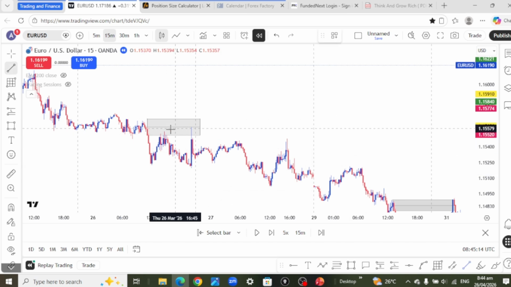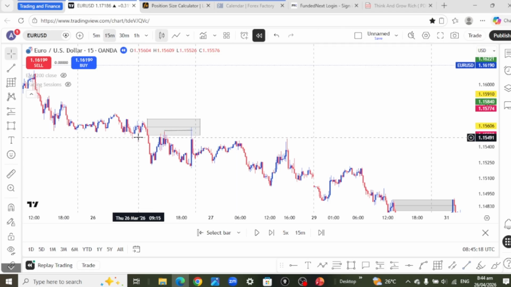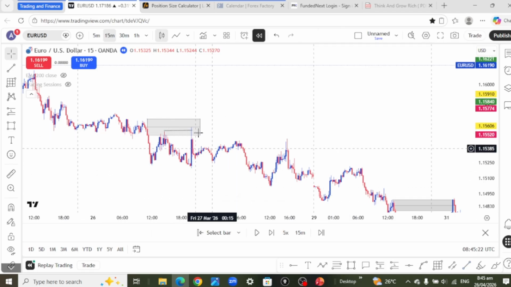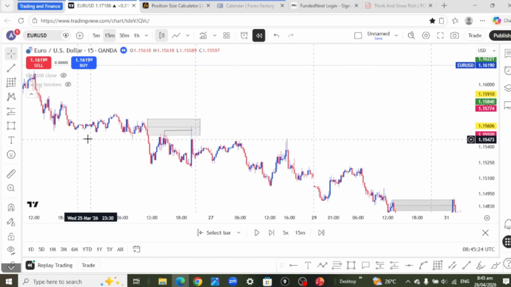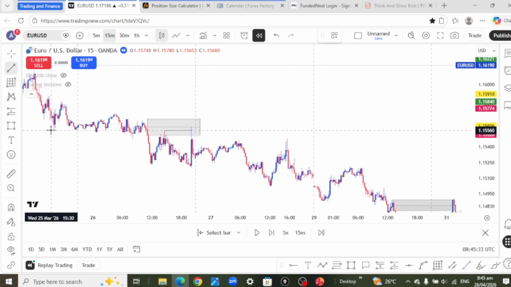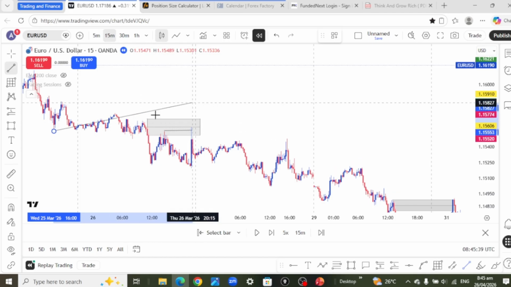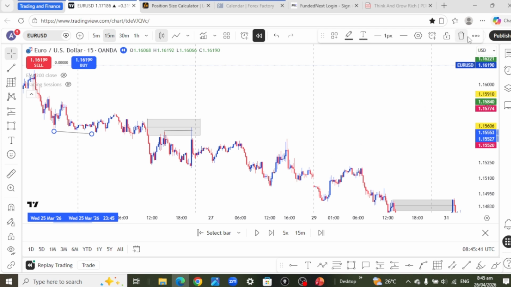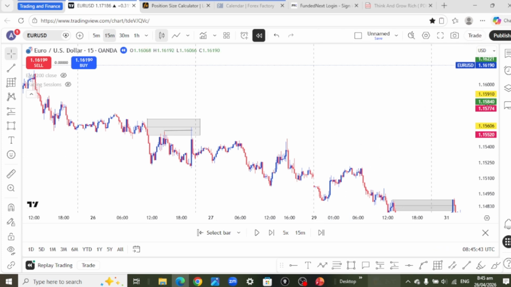From this point, you can see this was our liquidity sweep, and this was the last candle before the impulse, and it also led to a break of structure from this point to this point. You can see that we broke structure from here. So we have all the conditions we are looking for to take our sell entry.